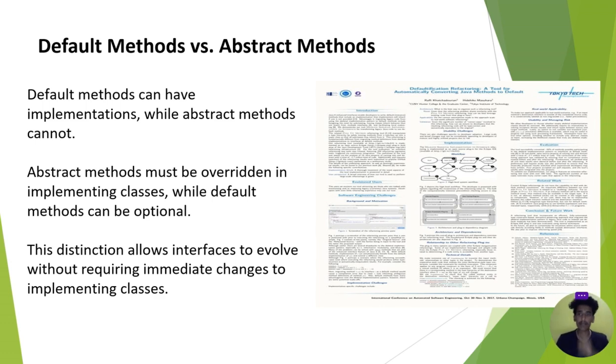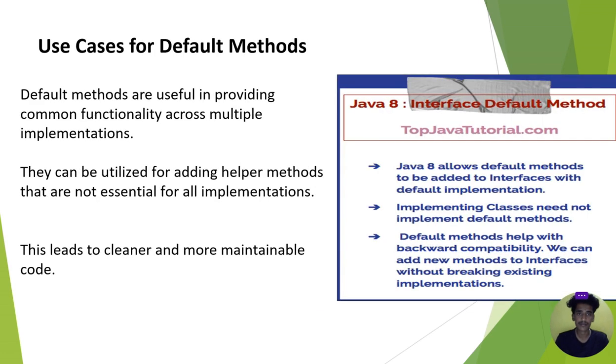Default methods can have implementations while abstract methods cannot. Abstract methods must be overridden in implementing classes, while default methods can be optional. This allows interfaces to evolve without requiring immediate changes to implementing classes.